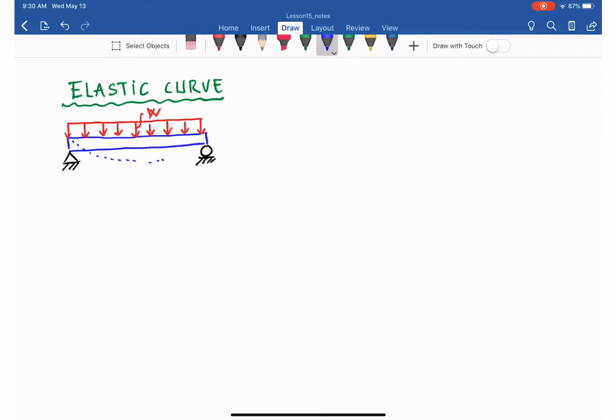I exaggerate the deformation because normally we deal with very small deformation for the real structure.